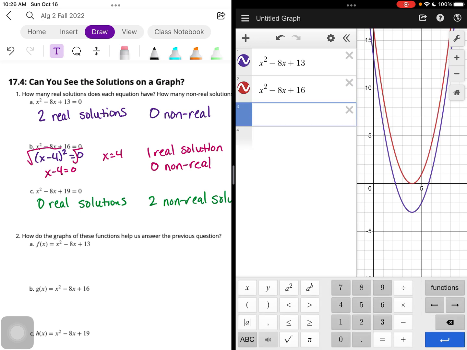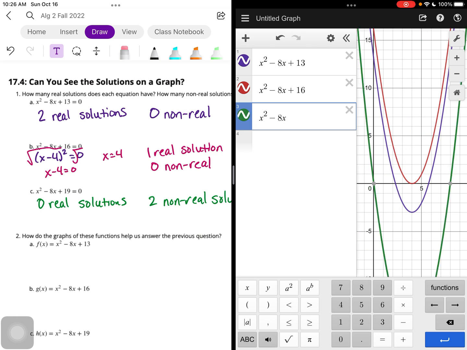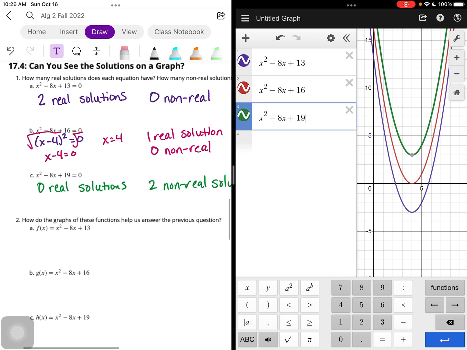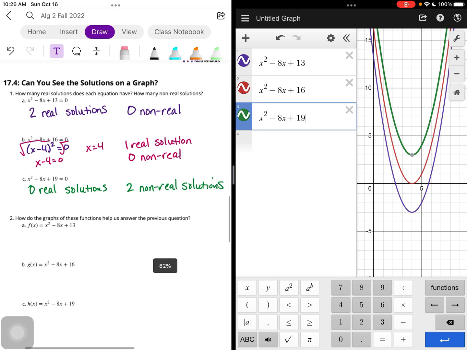And then when we type in our last one, we had x squared minus 8x plus 19. And you can see that that one doesn't intersect the x-axis at all, so it doesn't have any real solutions. So that's how you can check graphically if your equation is going to have 1 or 2 real solutions, no real solutions, or 2 non-real solutions.